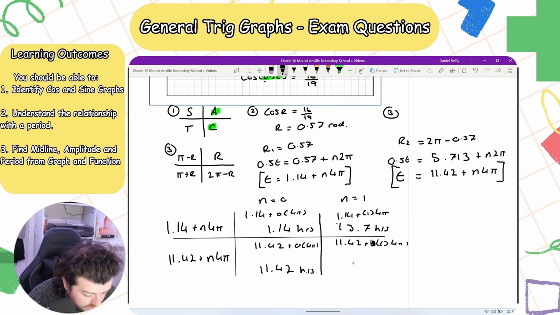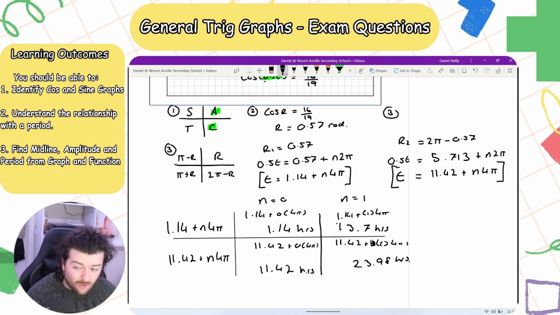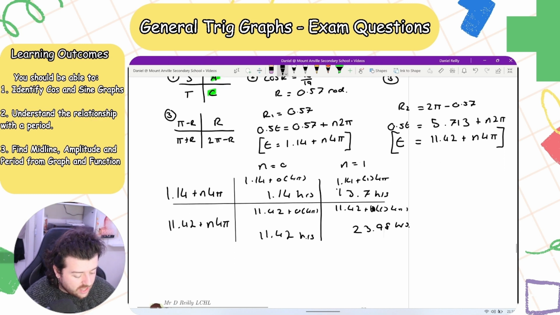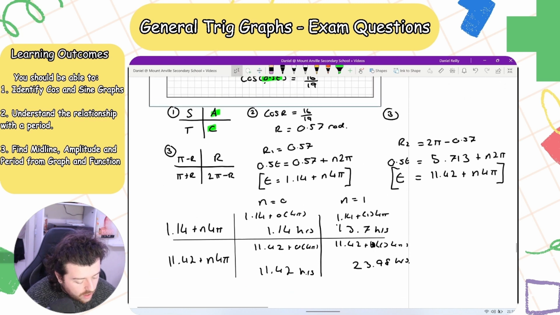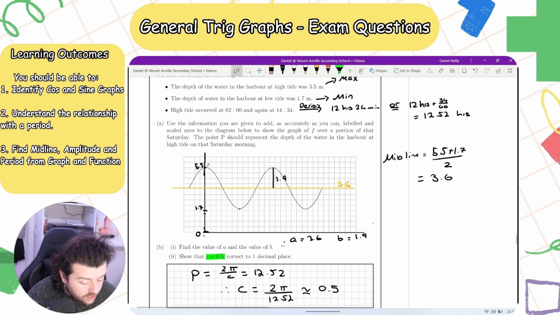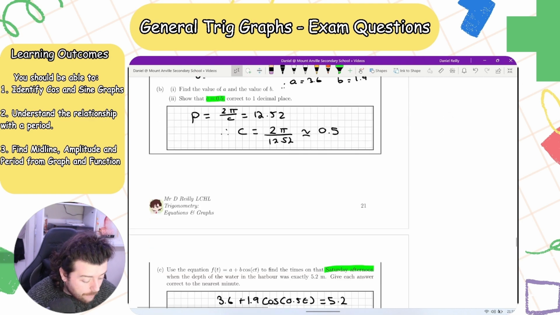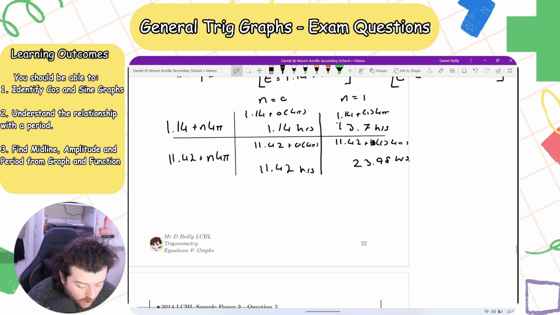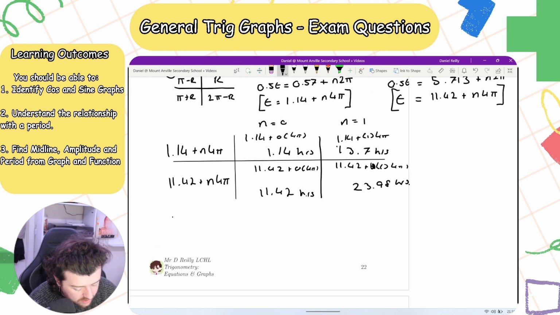It's going to be 23.98 hours, or nearly a full 24 hours later. But you need to think of it now. So there are the times since first high tide. First high tide was 2 a.m. So I need to find now all these times.